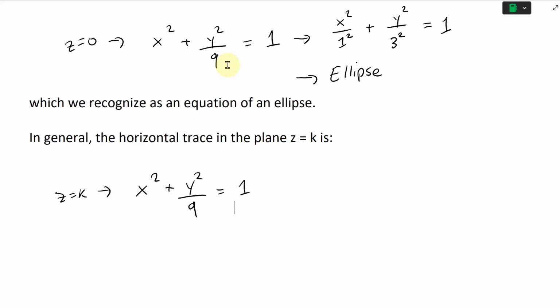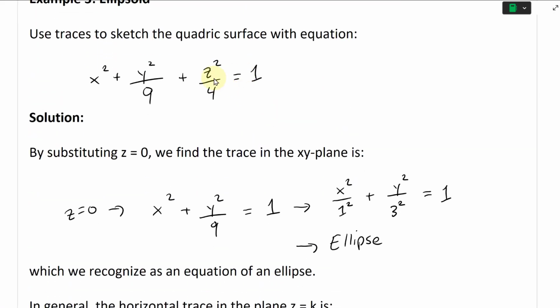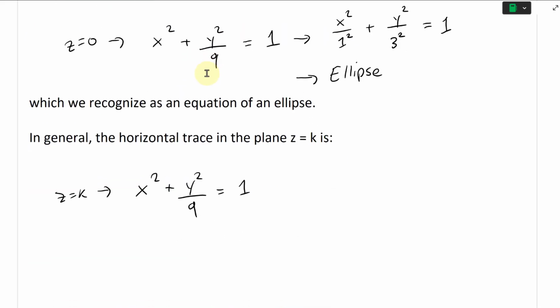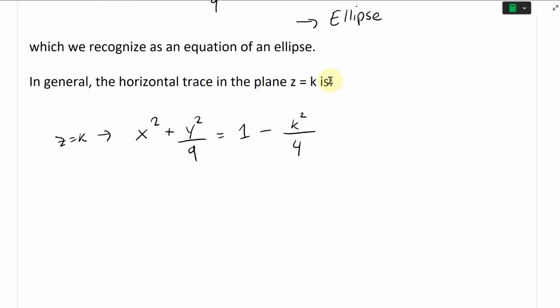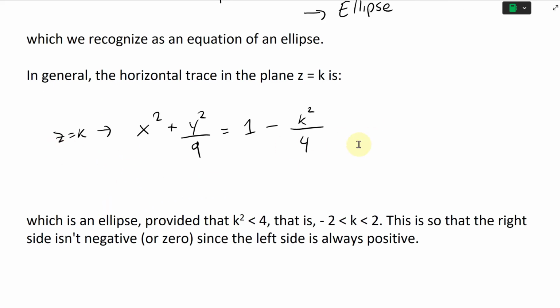And then we also had this right here, the z squared divided by 4. So instead of 0, we're going to put in k and then shift it over to the other side. We're going to have minus k squared over 4. And this equation is an ellipse, provided that k squared is less than 4.